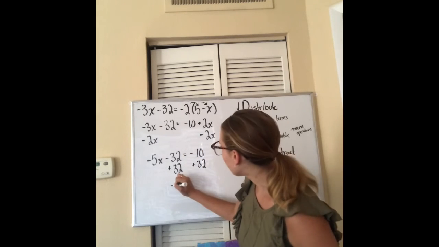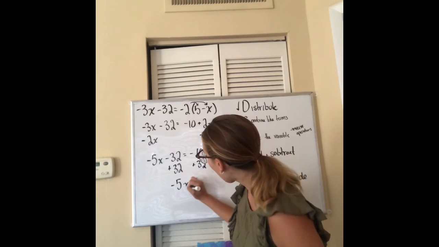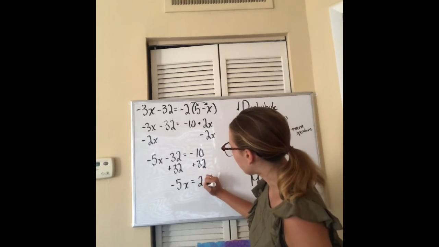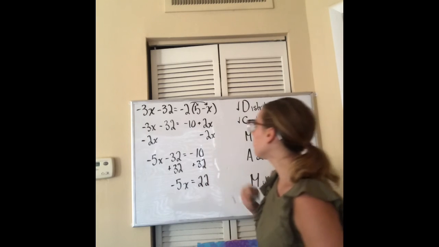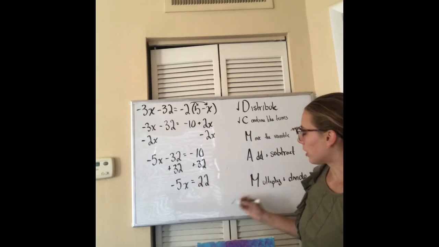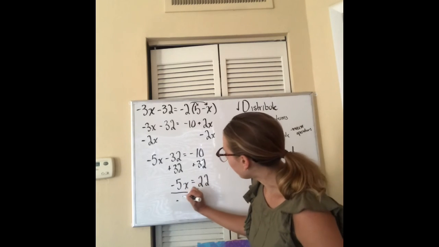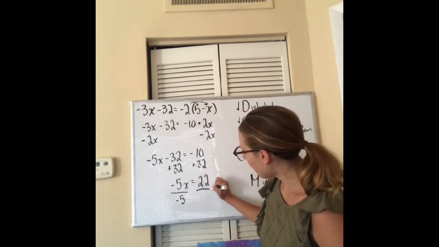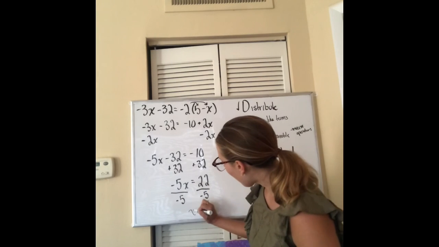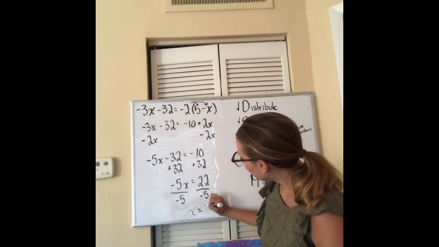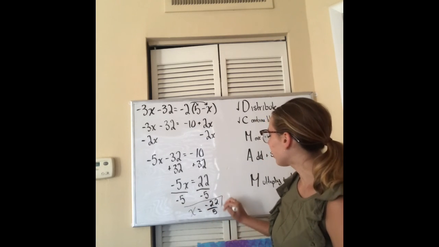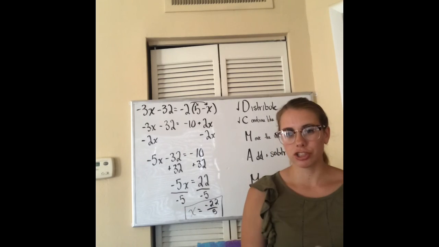I end up with -5x equals positive 22. And now I'm going to divide by -5, divide by -5, and I end up with x equals -22 over 5, and you can actually leave it as a fraction just like that.